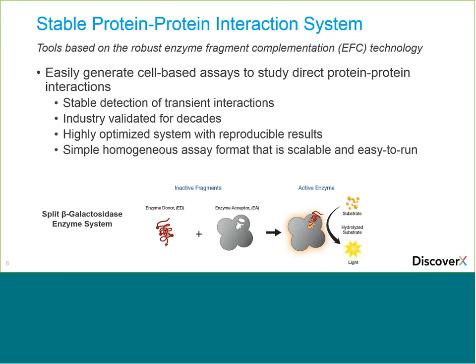The next tool is your cloning vectors, and this is that word ProLink, which corresponds to the small tag or the enzyme donor that you will use to do cloning with your GPCR or beta-arrestin binding protein of interest. You'll use this plasmid to transfect your target cells.